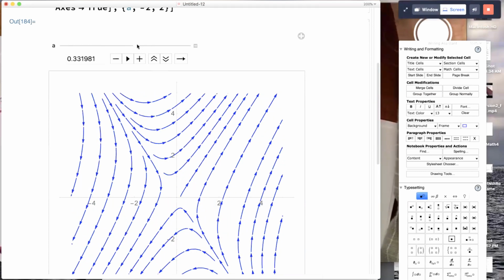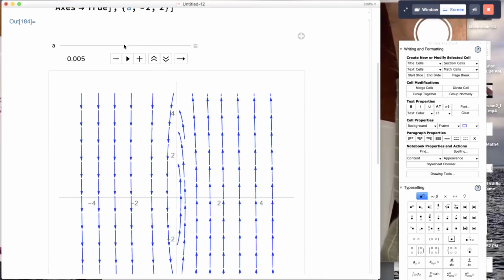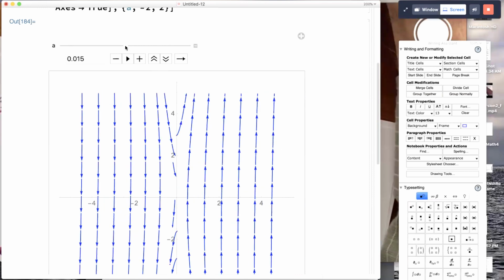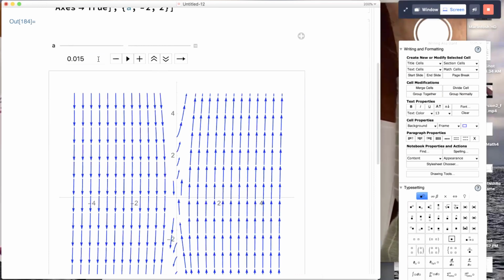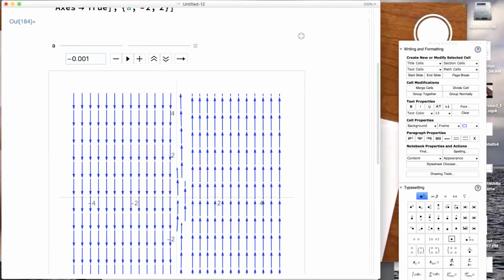So the weirdest behavior is when a is just less than 0, it's still a spiral sink in that case, but these spirals are becoming very skinny in the vertical direction, and they become skinny enough as a gets close enough to 0 that when a is -0.001, you can't tell it's a spiral sink anymore, even though it would be.